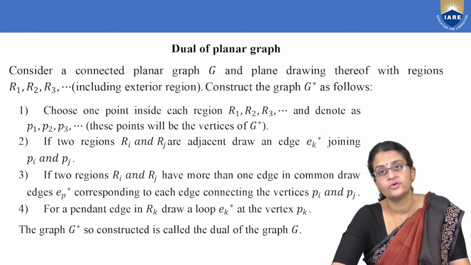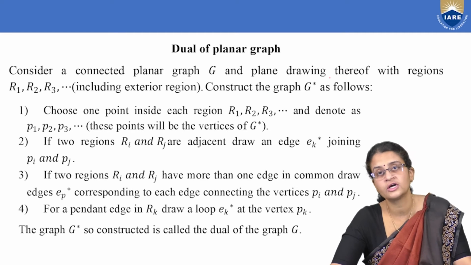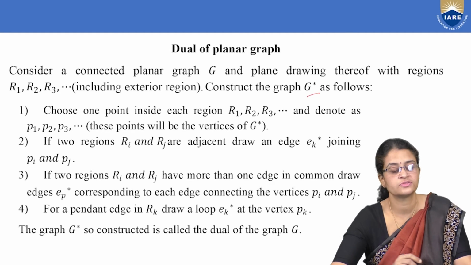Then the concept of the dual of a planar graph. Consider a connected graph G and a plane drawing of it with regions R1, R2, etc., including the exterior region. Construct a graph G star as follows.